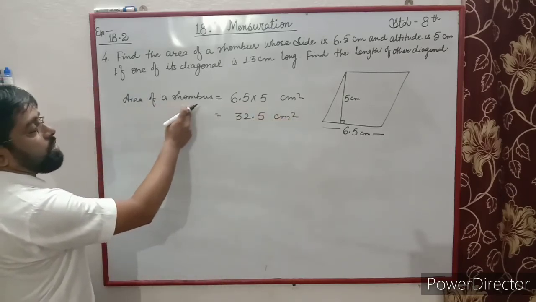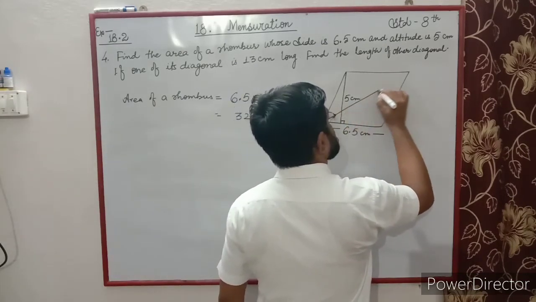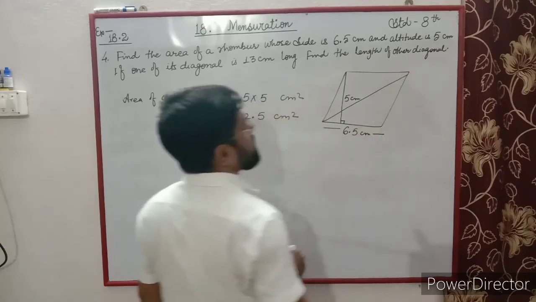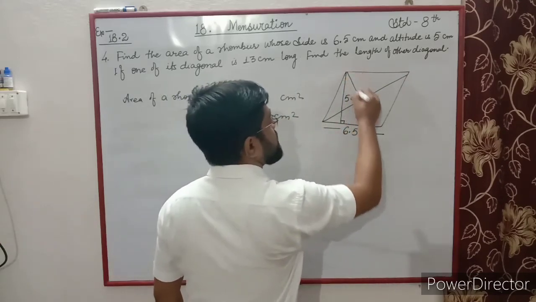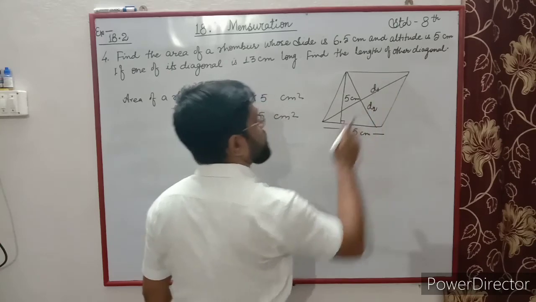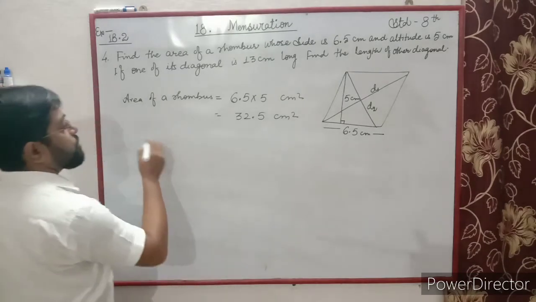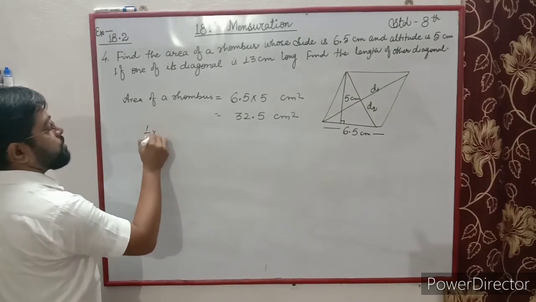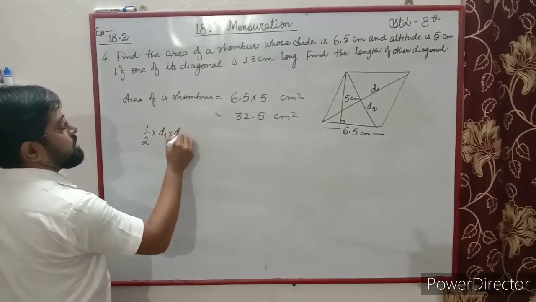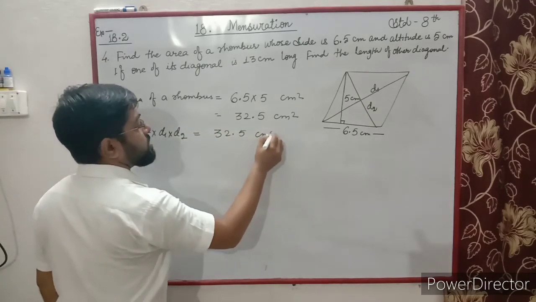Now we know that area of a rhombus is 1 by 2 into d1 into d2, the product of diagonals, area is given 32.5 centimeter square.